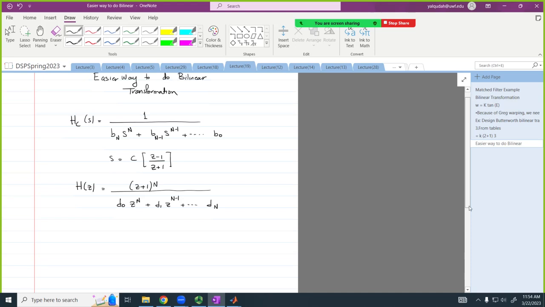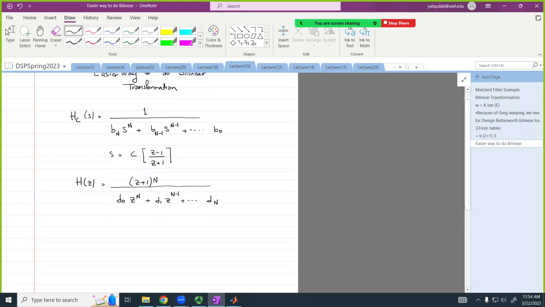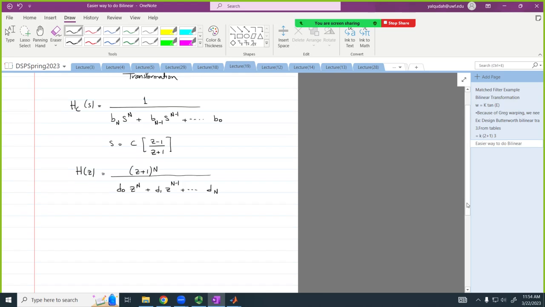So we're going to find an easier way to find H of Z from H of S. And to do that, we're going to calculate the denominator of H of Z as the matrix D equal Q_n multiplied by B hat, where D is equal to D0, D1, all the way to Dn, transposed.